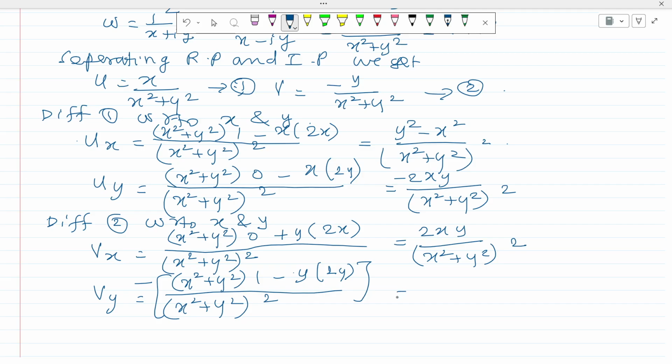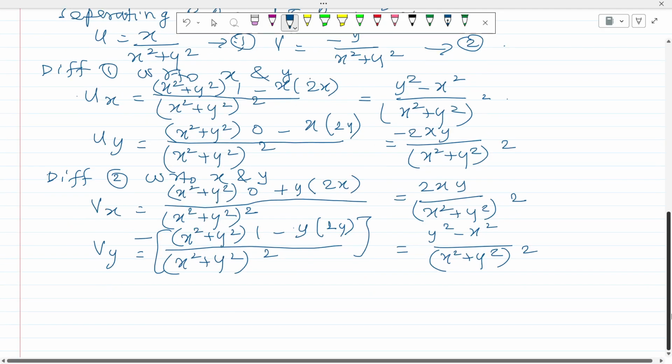Then what you get, already minus outside, here also one minus is there, so you will get minus of y square minus x square. Now once again minus is there, so y square minus x square divided by x square plus y square whole square.